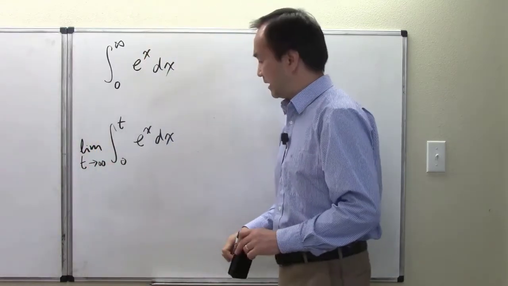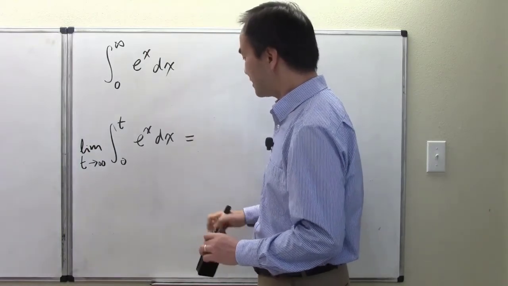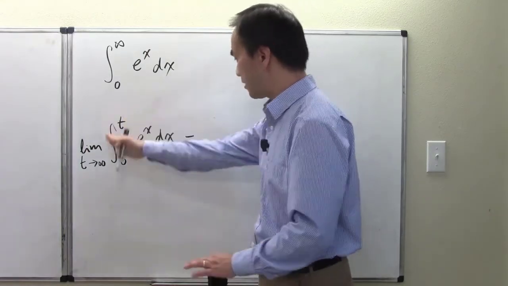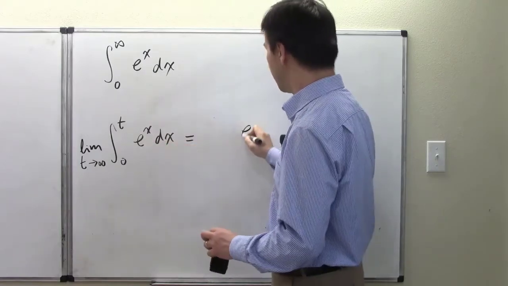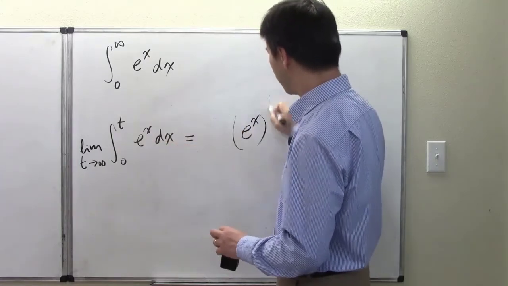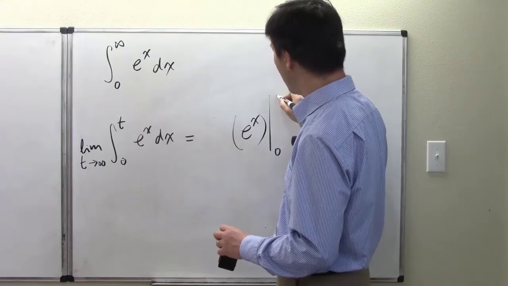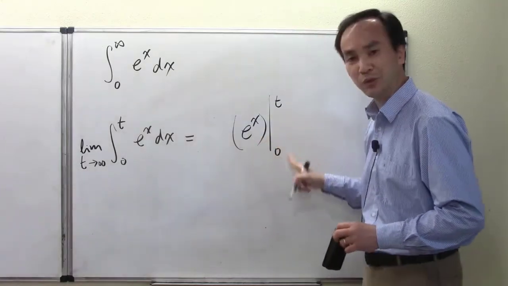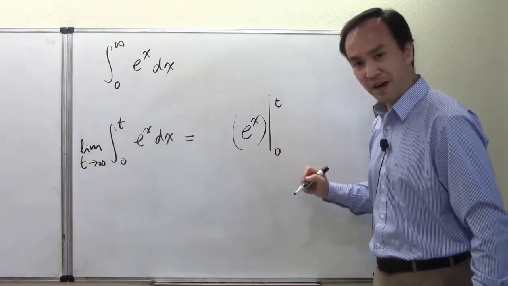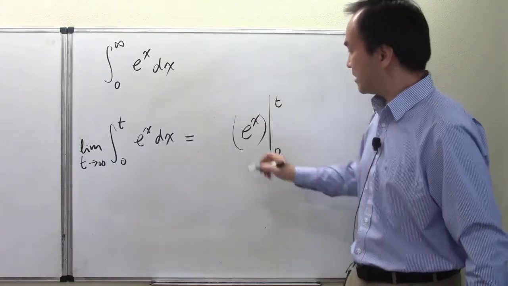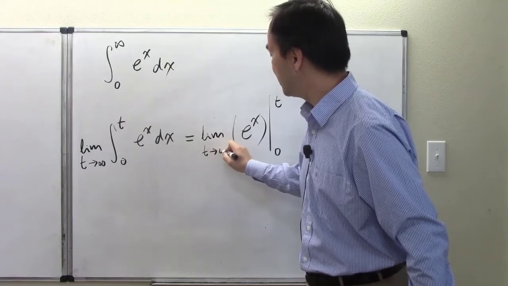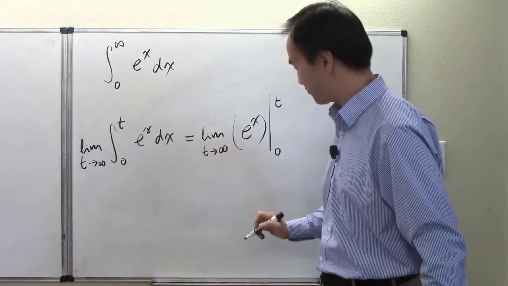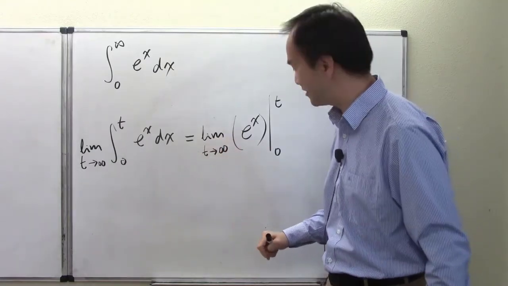And so this work here, the fundamental theorem of calculus, tells us that the antiderivative needs to be e to the x, and we are going to evaluate our antiderivative at these two limit values. But then, at the end, we have to evaluate the problem as a limit problem, letting t go to infinity, just like how we've done in the earlier examples.